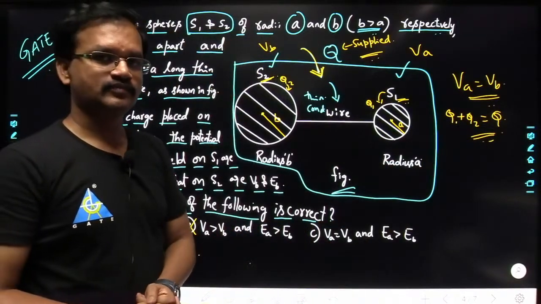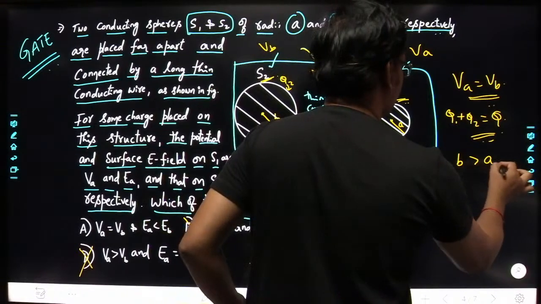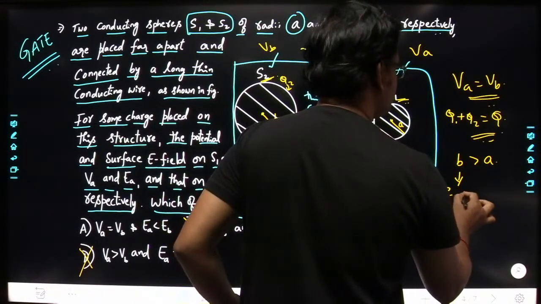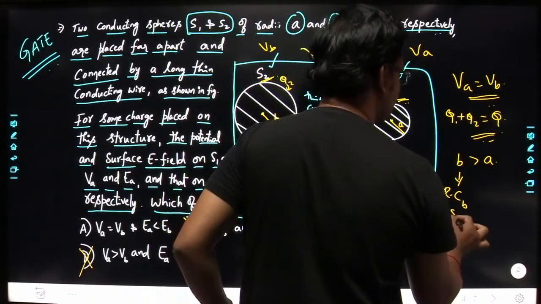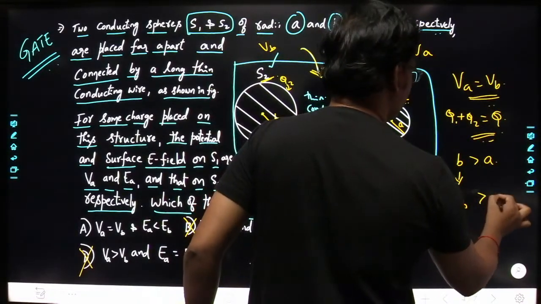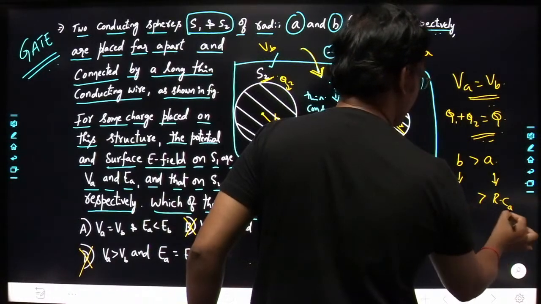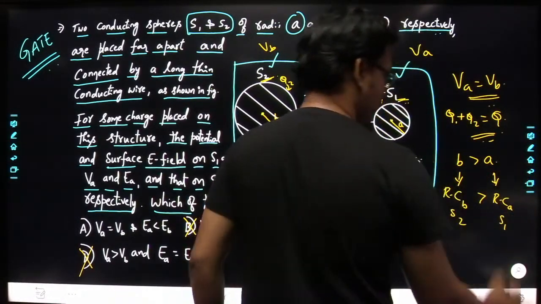B is greater than A. Which means the radius of curvature of B, that is sphere S2, is greater than the radius of curvature of A, that is sphere S1. Understood?